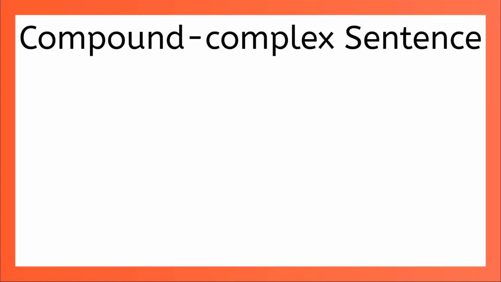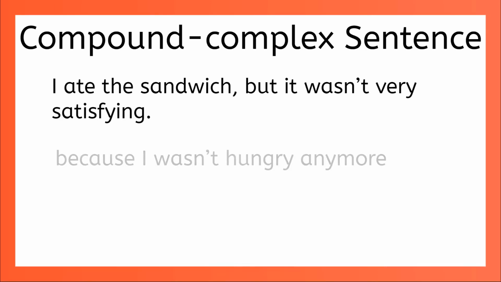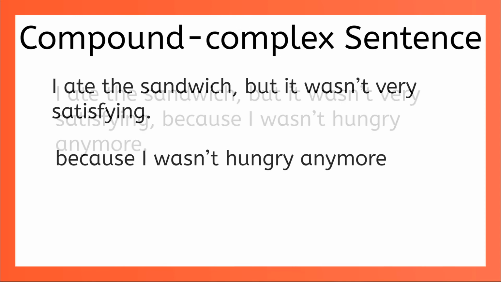That brings us to the compound complex sentence. Remember that compound sentence? I ate the sandwich, but it wasn't very satisfying. Let's say we want to add a dependent clause to that compound sentence. Because I wasn't hungry anymore. Well, if we add a dependent clause to a compound sentence, we make a compound complex sentence.